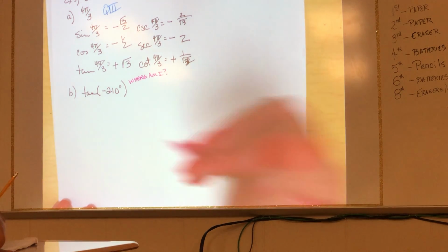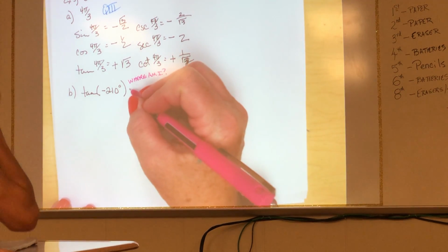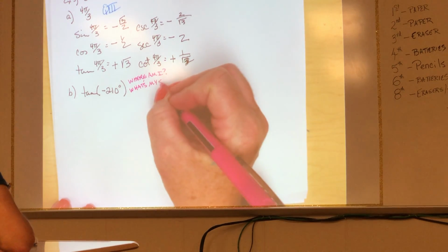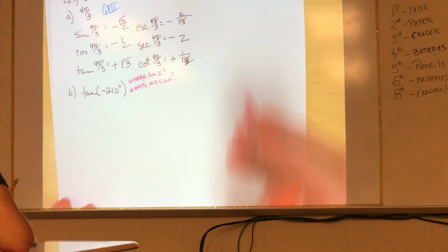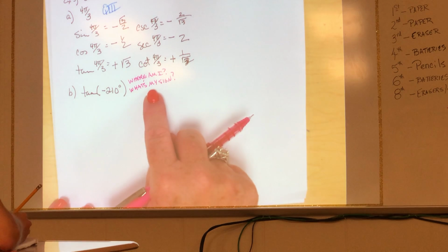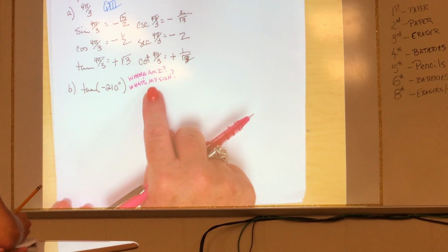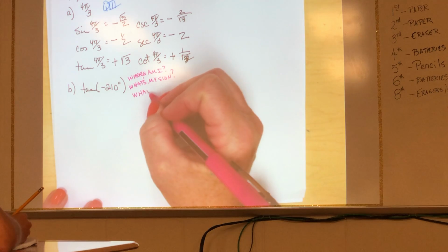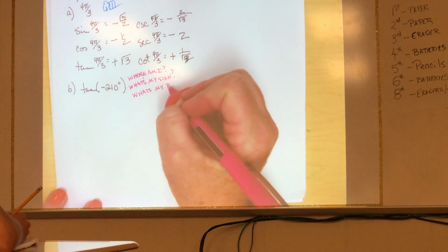The next one, why do I want to know where I am? Because I want to know what's my sign. Positive or negative. This positive and negative will be the most missed thing on that XYR worksheet that you just turned in. And the last thing, what's my reference angle?